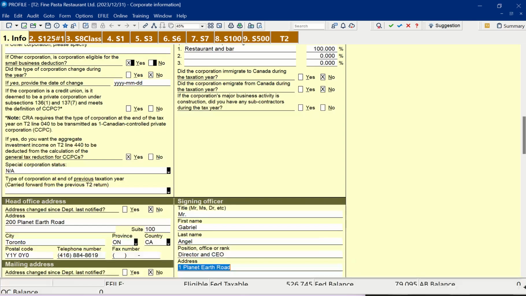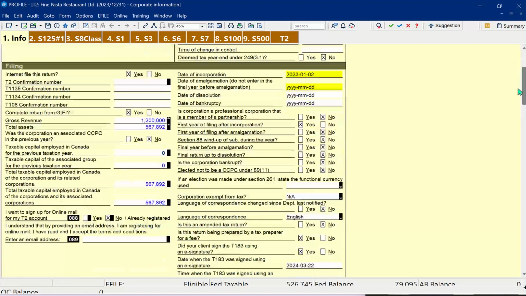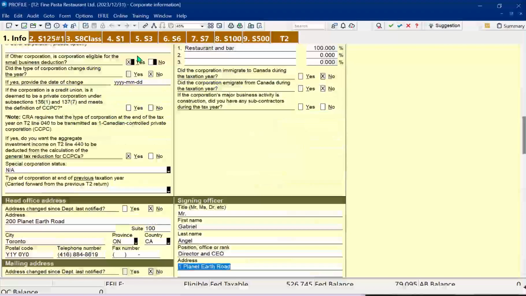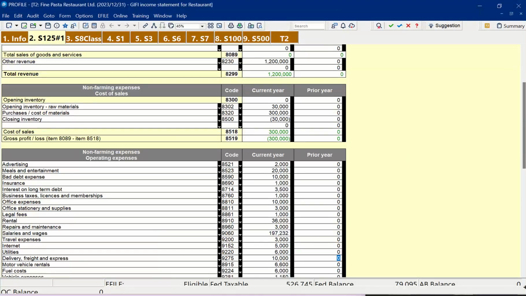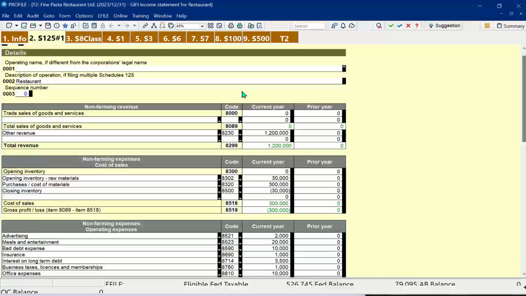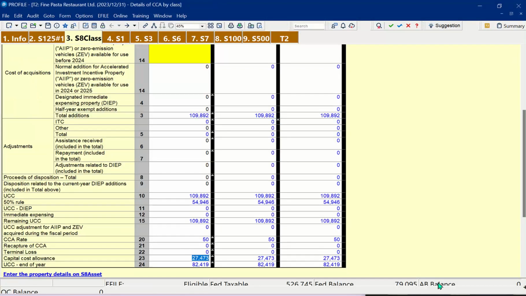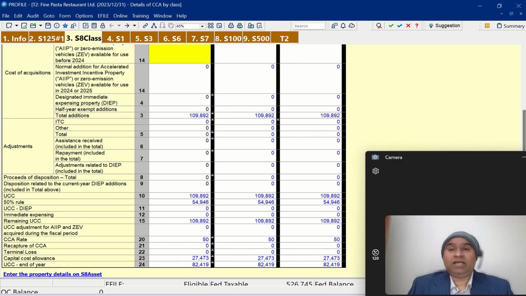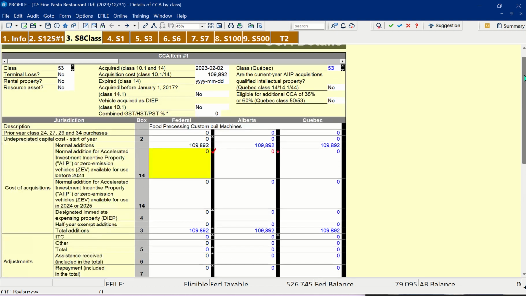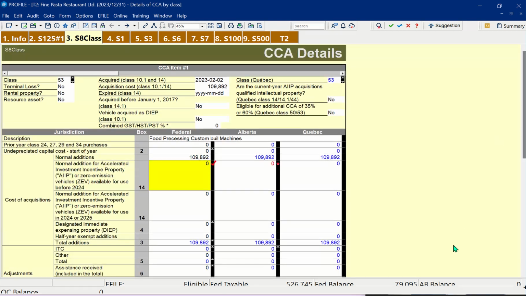Let's go to the profile. Again, nothing changed from the previous, exactly the same thing. The only thing changed over here is in Schedule 8.